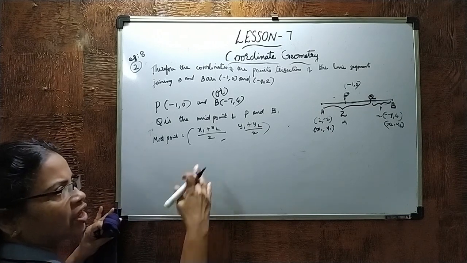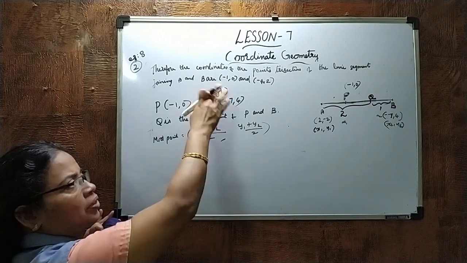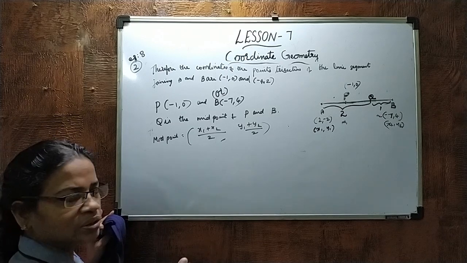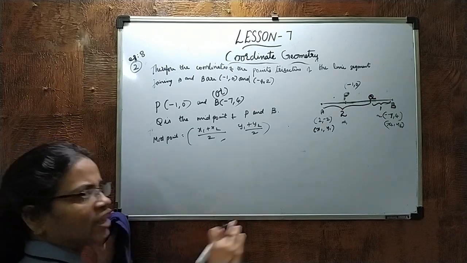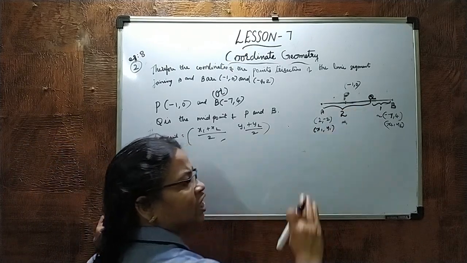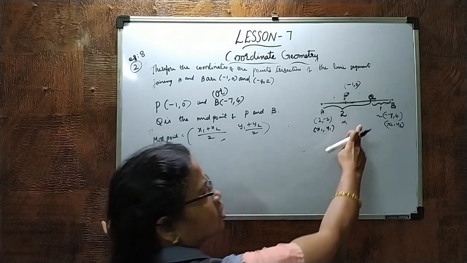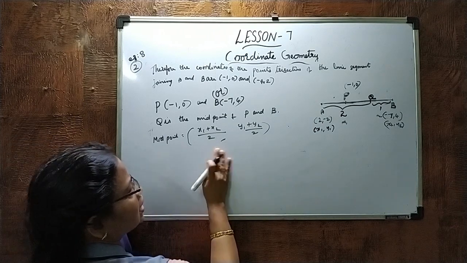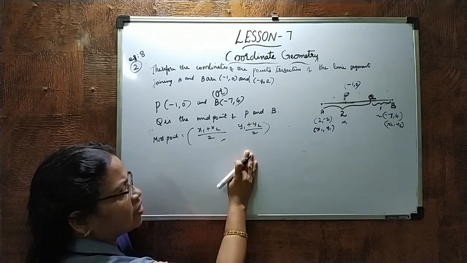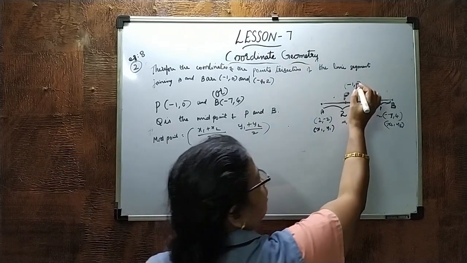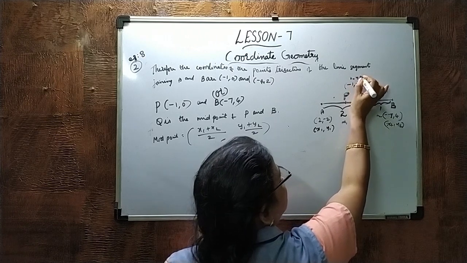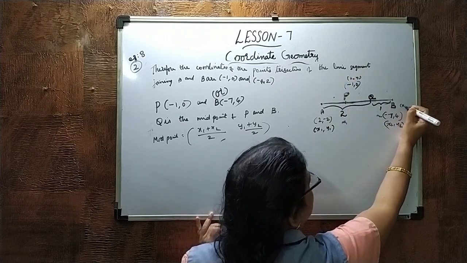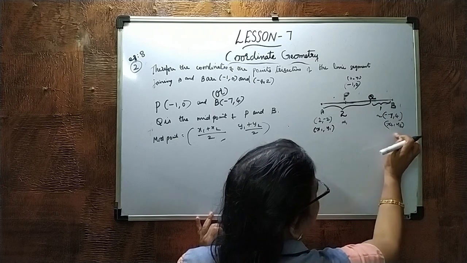Already we got the answer for P. Now I am just telling, if you get P, how will you get Q? Q is the midpoint of P and B. Then just apply which is x1, which is x2, which is y1, which is y2. Here this one is x1, this is y1, here it is x2, here it is y2, already written.